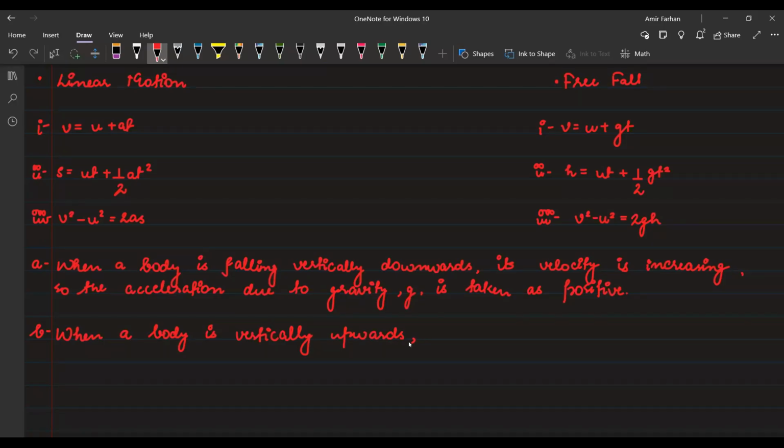Why? Because it is going upward. Because the ball is going upwards, the velocity is continuously decreasing. At the highest point, the velocity will become zero. Right, everyone? Yes, sir. So whenever the ball is going upwards, that motion will be deaccelerating. Clear, everyone? Yes, sir. Sure.